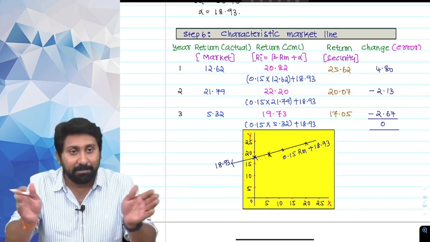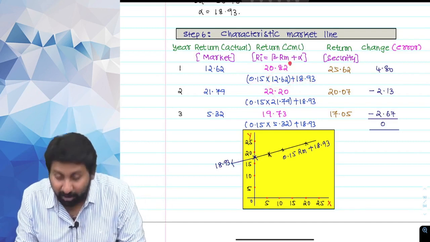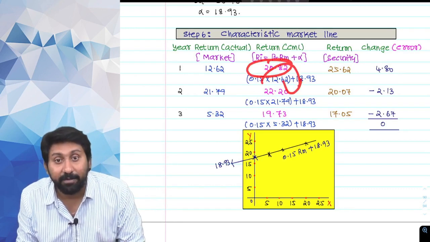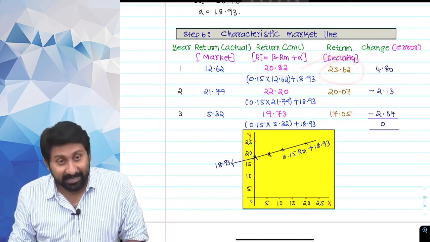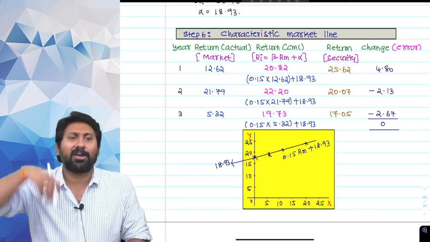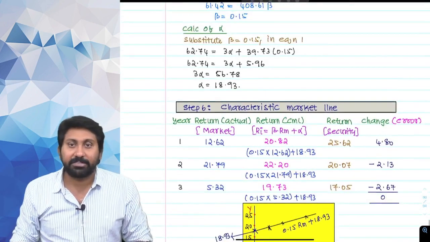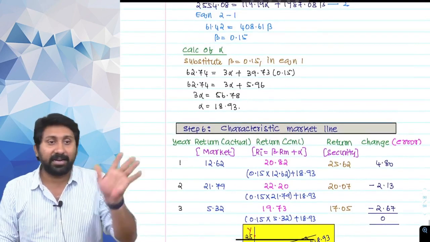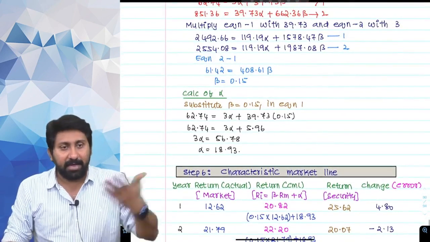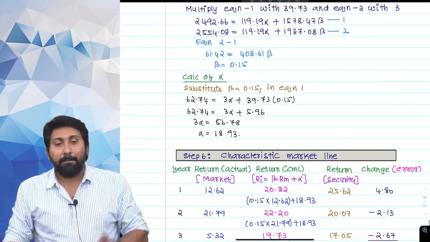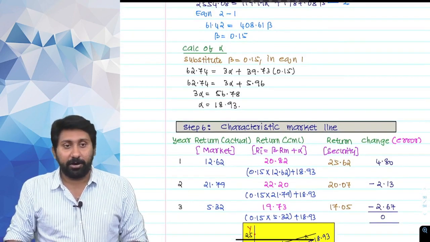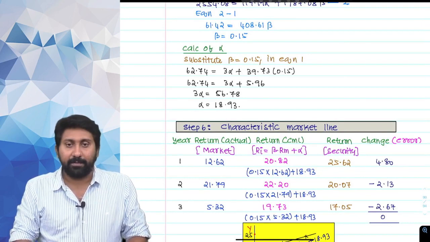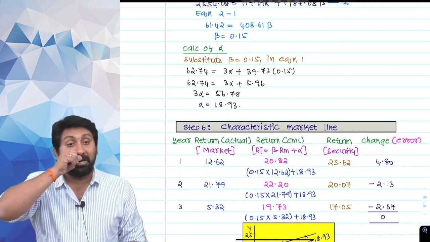So the security return is derived from the market data. But this is a return because of the market and also because of other factors. Which factors? I don't know. The market is giving 12.62, and you are getting 20.82 because of the market. But how did you get 25.62?